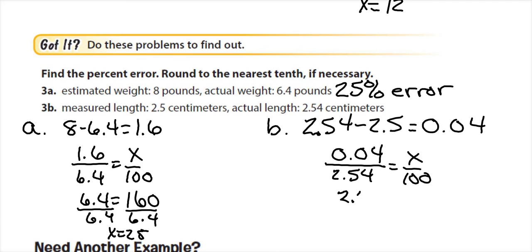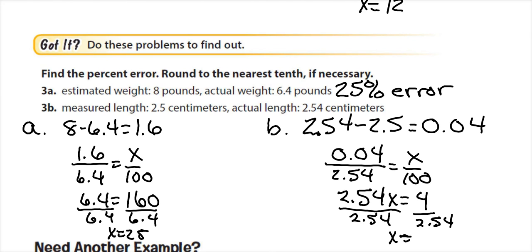That's 2.54x equals 0.04 times 100, which would just be 4. And we'll divide that by 2.54. Oh, we have to round off. It's going to be approximately 1.6. So this one has a 1.6% error. So obviously they were really close with that one.